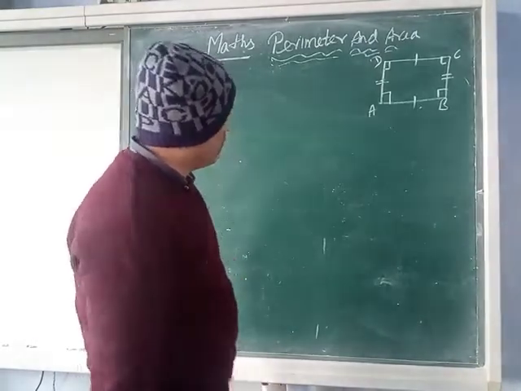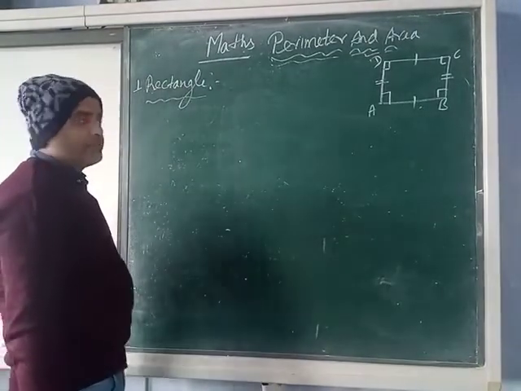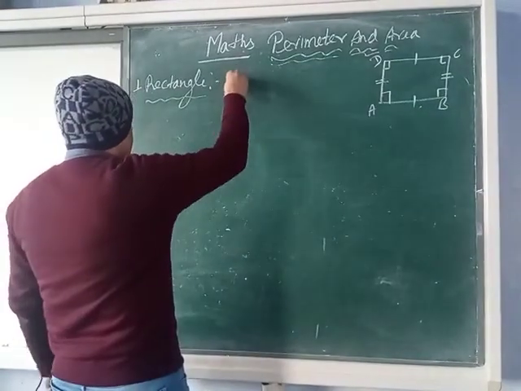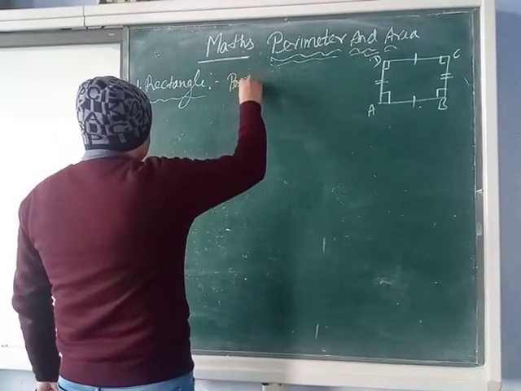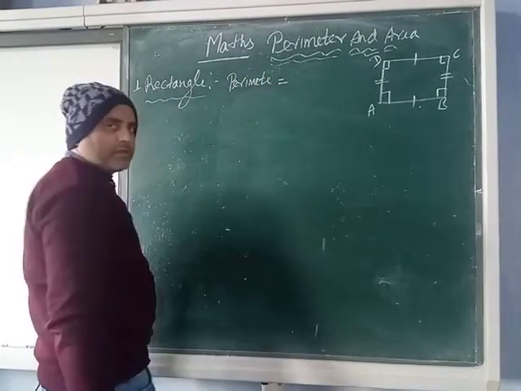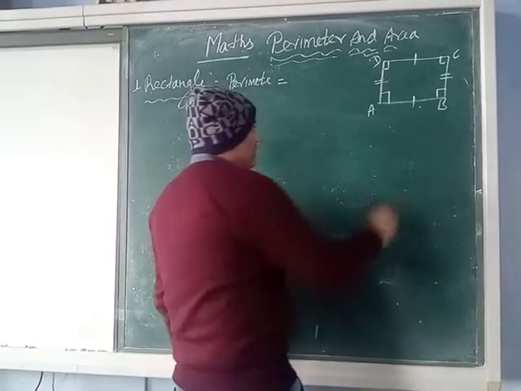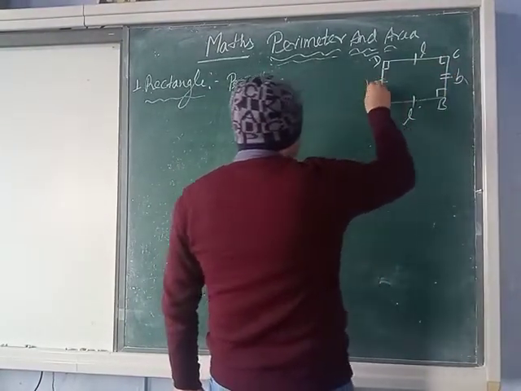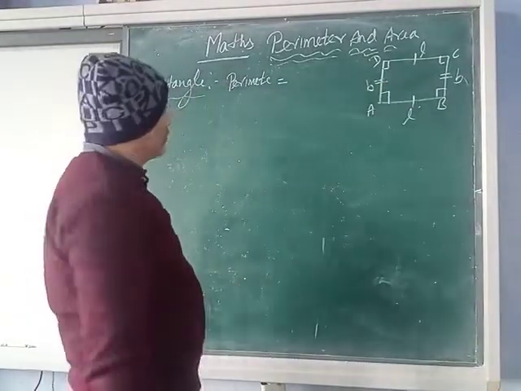Is it clear? So now we have to find out what is the perimeter of a rectangle. Perimeter: we know it is the sum of all sides. So this is length, this is also length, and this is breadth. Any doubt? So now listen.